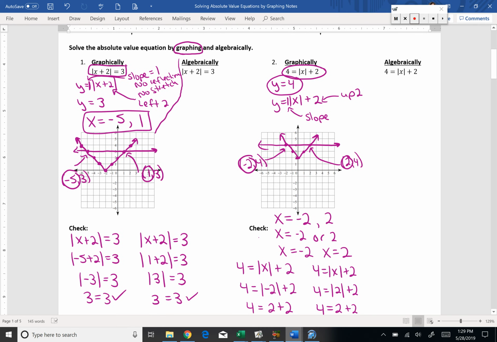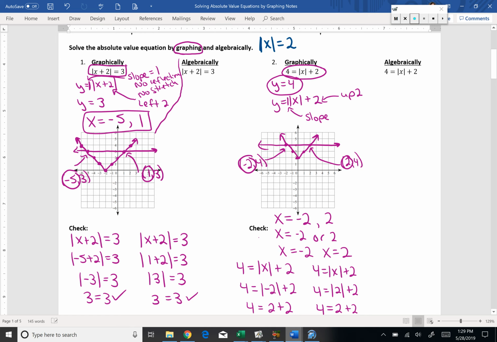Before we get into some that are a little more involved, let's try to solve a simple one. I don't have the simple one on your sheet, but up by the directions I put absolute value of x equals 2. I just want to solve that basic one.